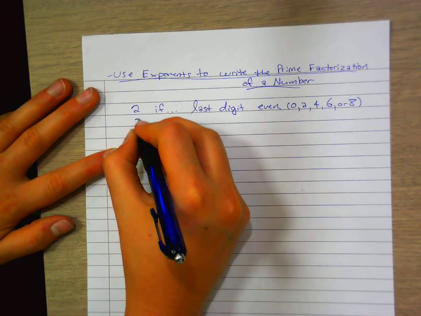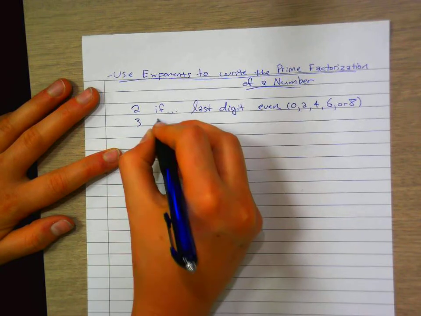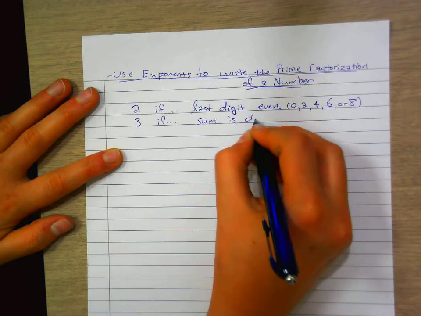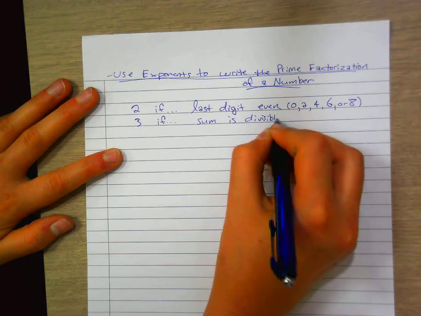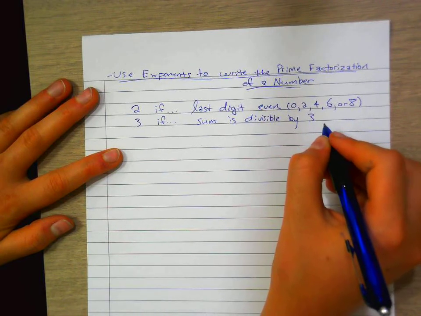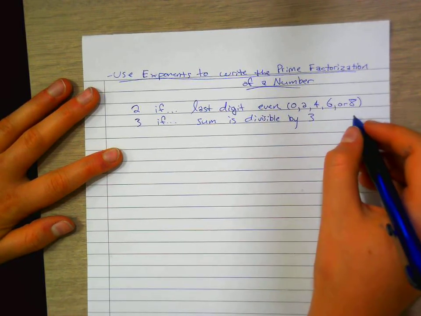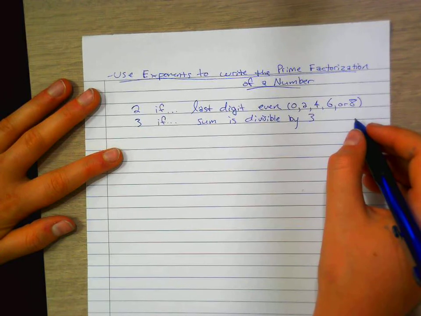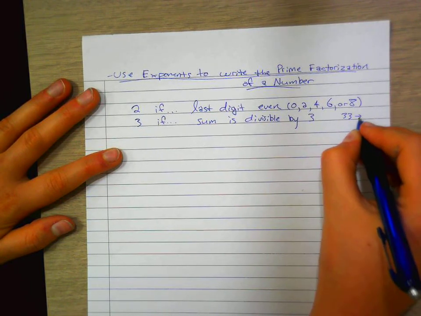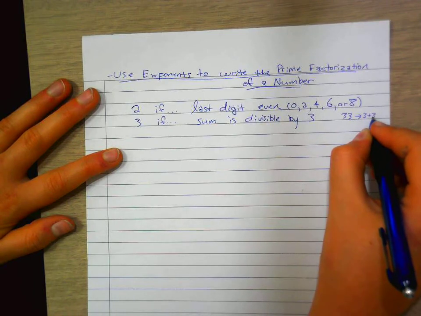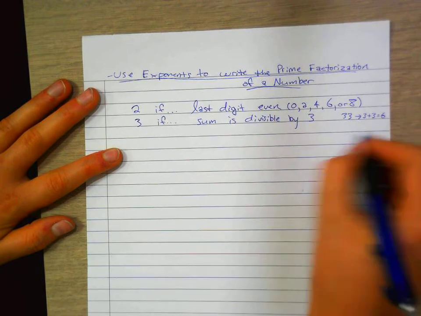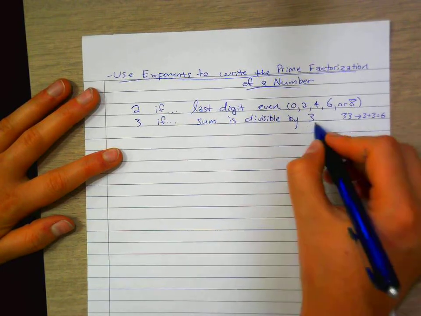It's divisible by 3 if the sum of the digits is divisible by 3. For example, 33 can be added together to make 3 plus 3, which equals 6. 6 is divisible by 3, therefore 33 is also divisible by 3.